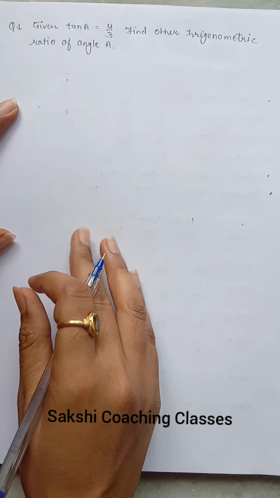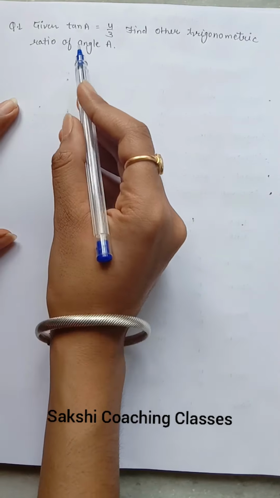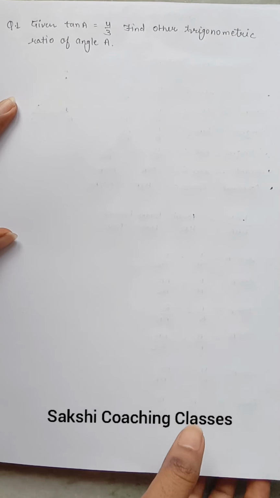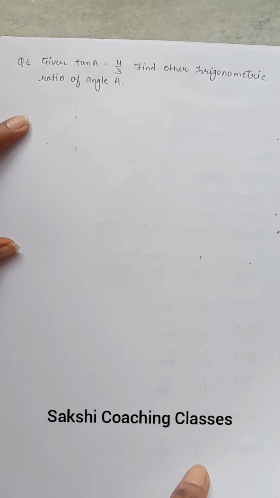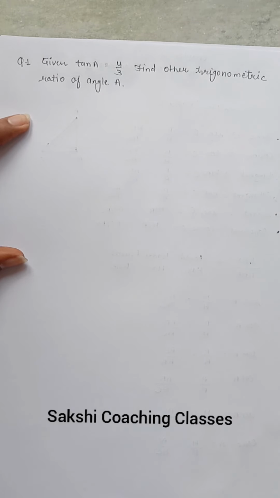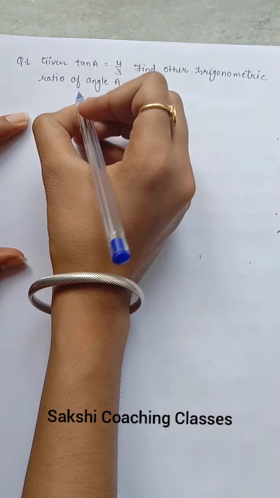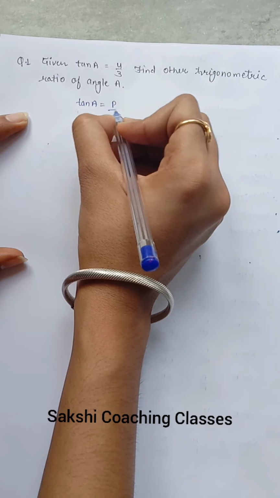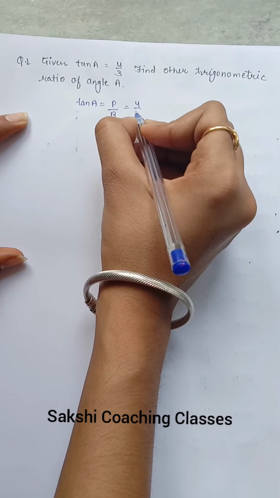Example number 1, in which it is stated that tan A is equal to 4 by 3. It is given that tan A is equal to 4 by 3. We know the formula for tan A. Tan A is equal to what? From the trick, Pandey Batri Prasad P and Har Har Bole B, the answer will be P by B. So tan A is equal to P by B, that is equal to 4 by 3.